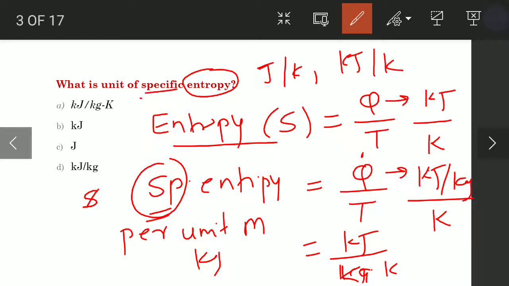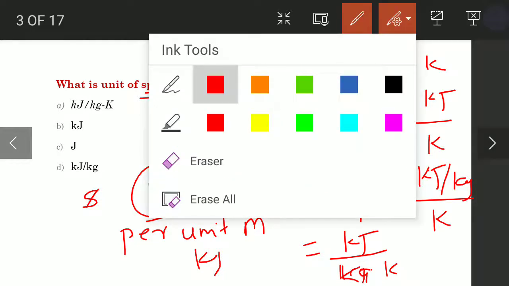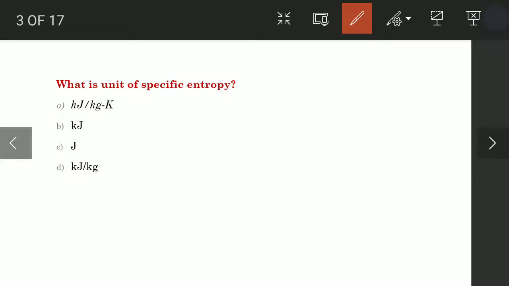Whenever there is the word specific, its unit is kilojoule per kg Kelvin or joule per kg Kelvin. So the answer to this question is kilojoule per kg Kelvin.